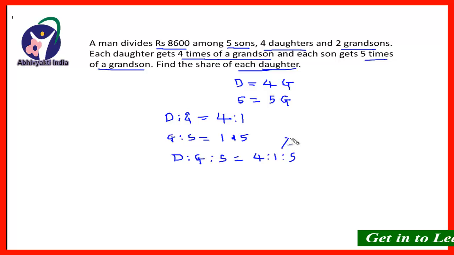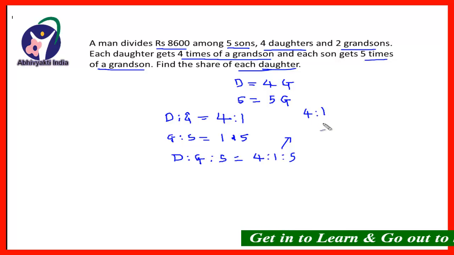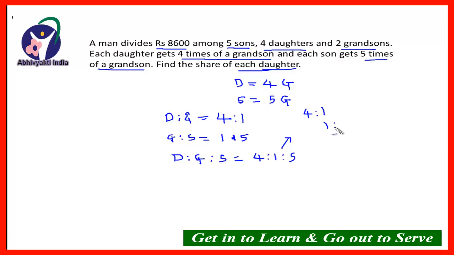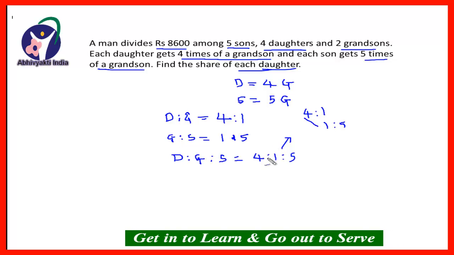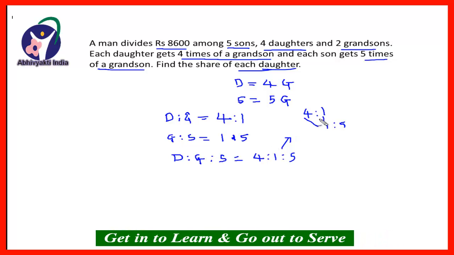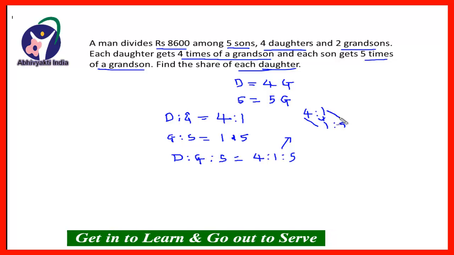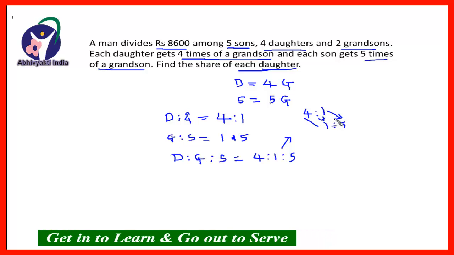How do we get this? We write this ratio as 4:1 and 1:5. So we multiply: 4 ones are 4, then 1 one is 1, and then 1 five is 5.